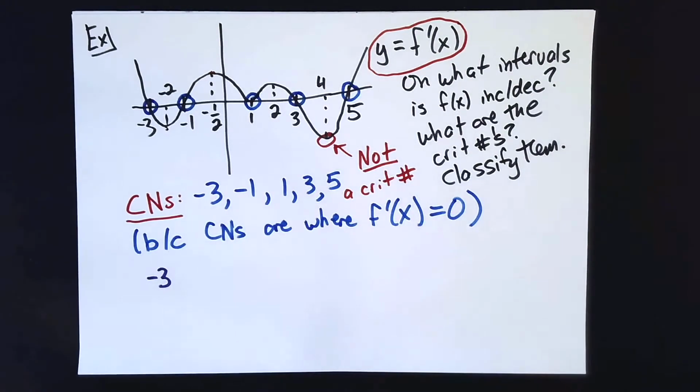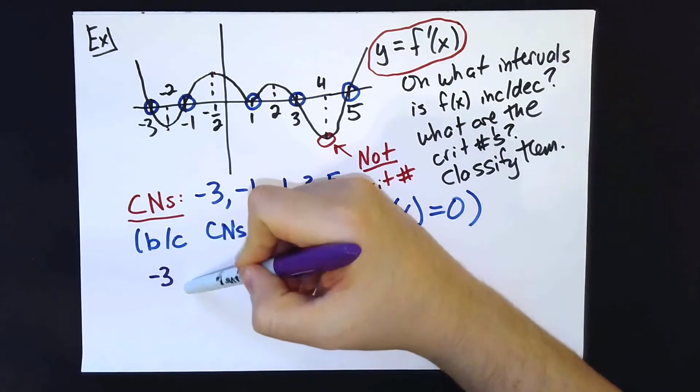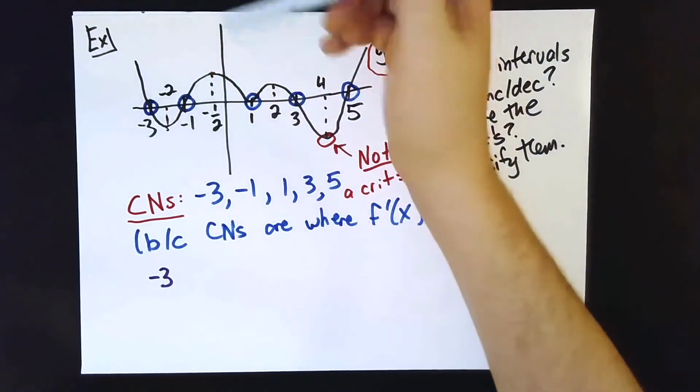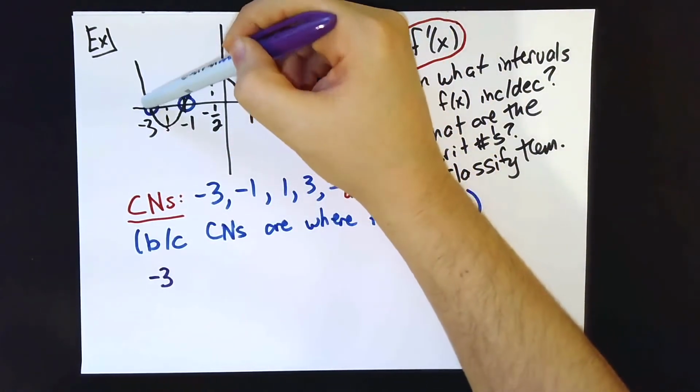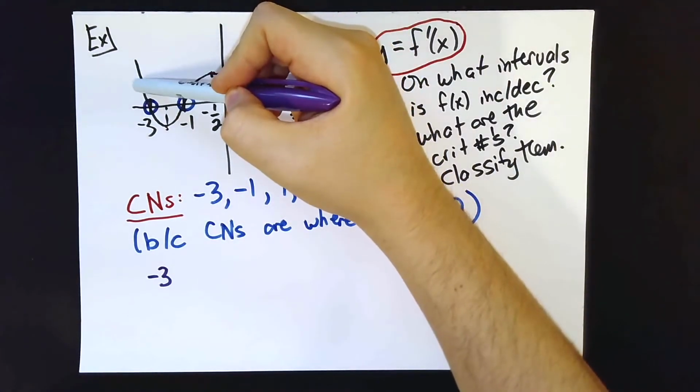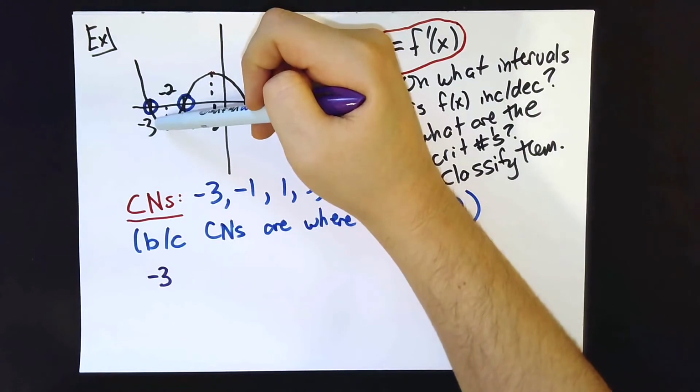What kind of critical number is this? Is this a local min, a local max, or a kink? The way I have to think about this is I have to think about what happens here at minus 3. Namely, at minus 3, the derivative switches from positive to negative.